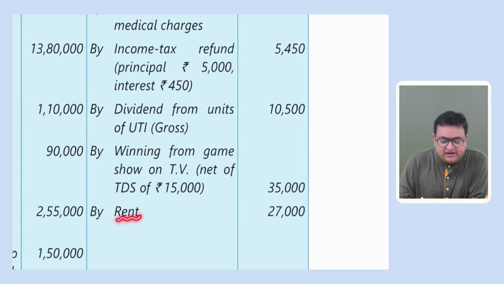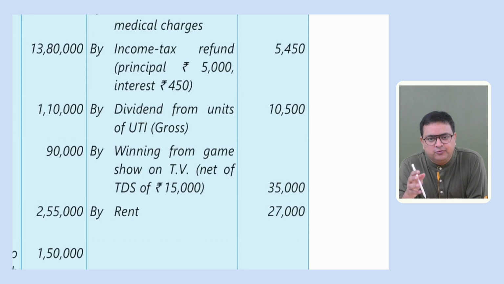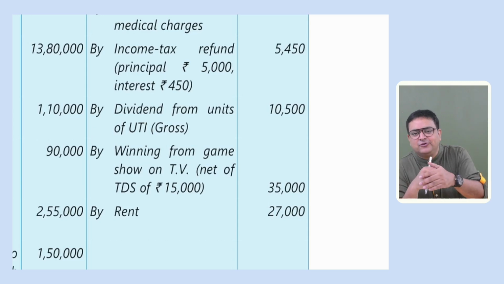Here it is mentioned rent. If I'm assuming it is rent of a building, then this should become GAV. If expected rent, standard rent, municipal rental value, fair rental value is not mentioned, then it should be considered as GAV, gross annual value. And you understand how you compute your house property income.